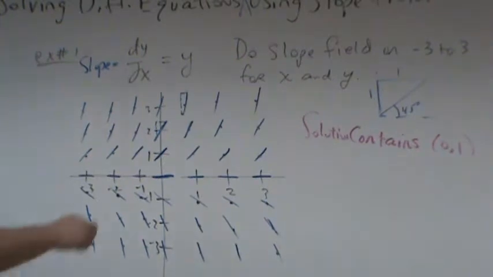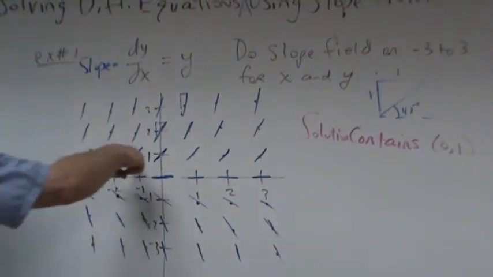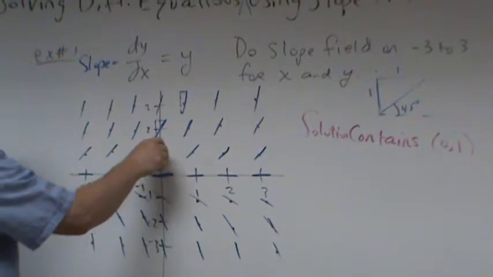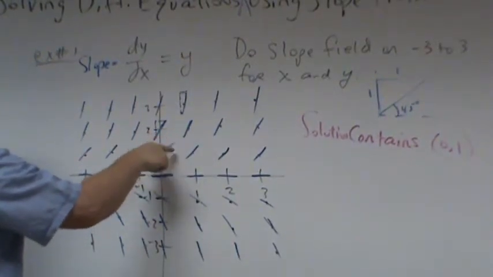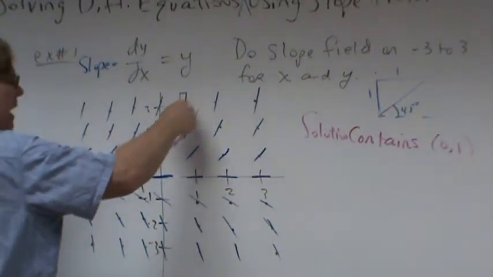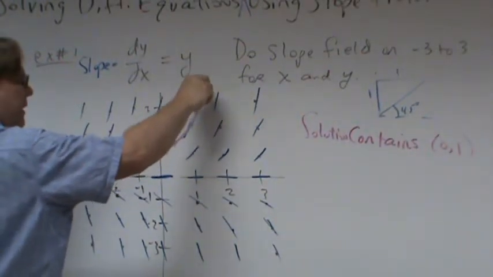Then I can actually draw an approximation of my solution curve. How do I do it? Well, right here, the slope of the curve has to be 1, correct? So I know my curve's going to look like this. But when I get to here, do you see how the slope has to increase to 2? And then when I get to here, the slope has to increase to 3.